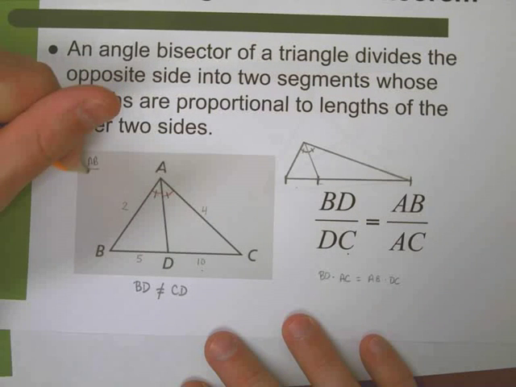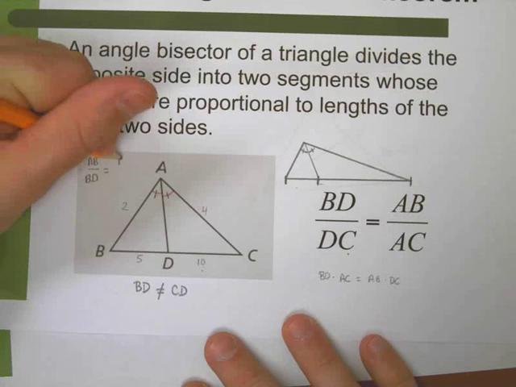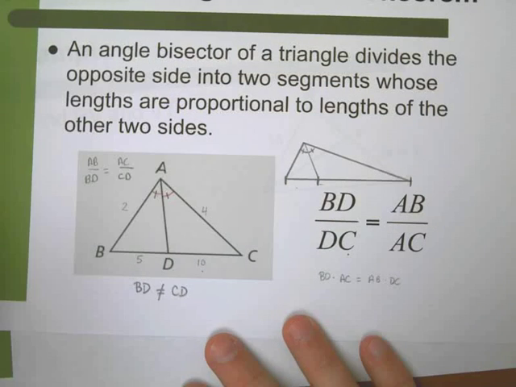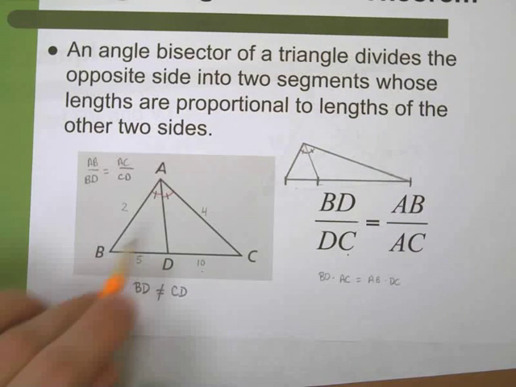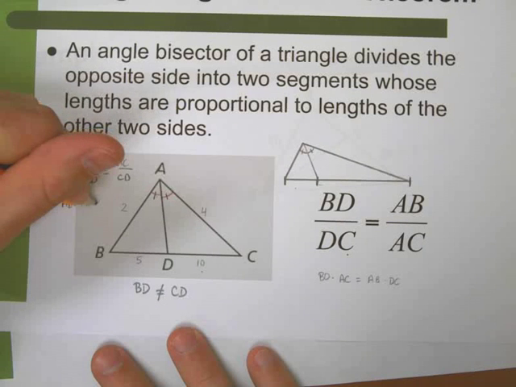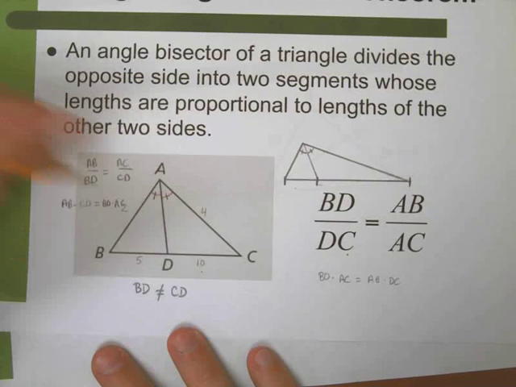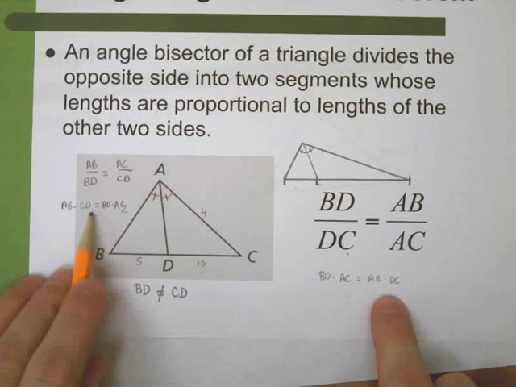So you could always say that AB is to BD as AC is to CD. Okay, that's the nice thing about it, because look, when I cross multiply this, I get AB times CD on one side, right? I get BD times AC on the other side.